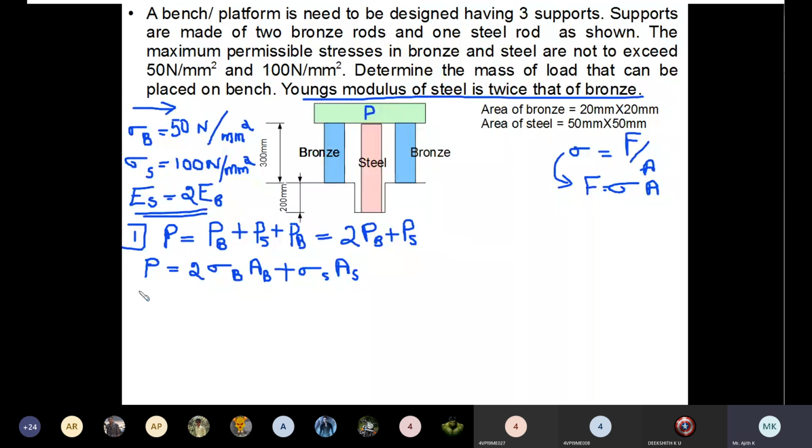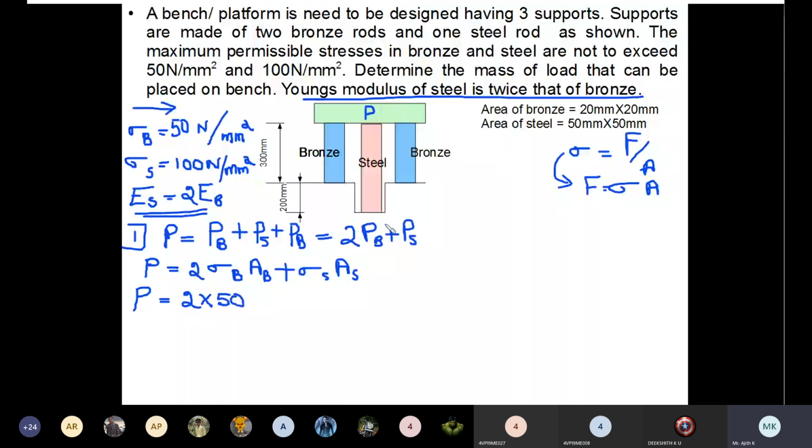Substitute all known values. P is unknown, you have to find out. 2 times, what is sigma B? It is 50, given in the question. What is area of bronze?